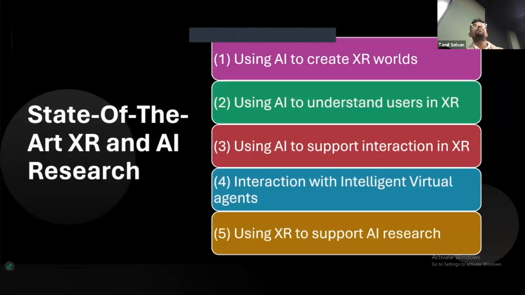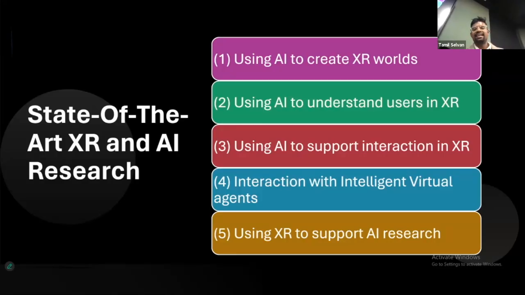The third is to support interaction in XR. The fourth is interaction with intelligent virtual agents. And the last is how we can use XR to support AI, so that instead of a forward loop, there is a closed loop as well. I think most of the projects that Alison and Mark introduced here fall under one of these five categories.